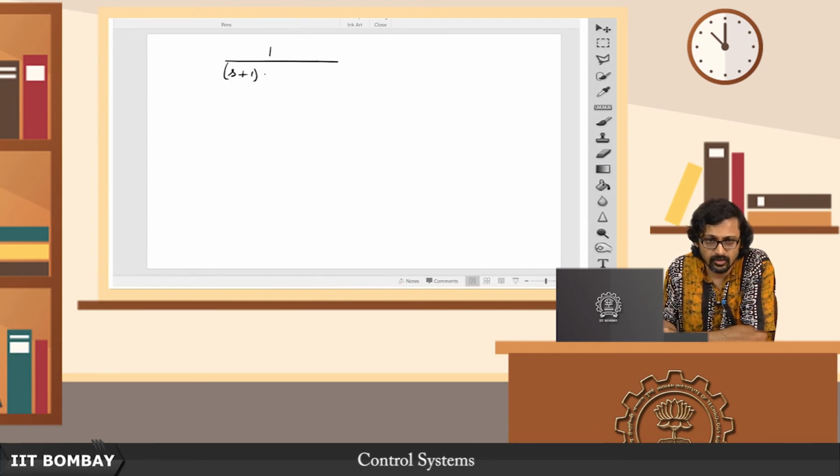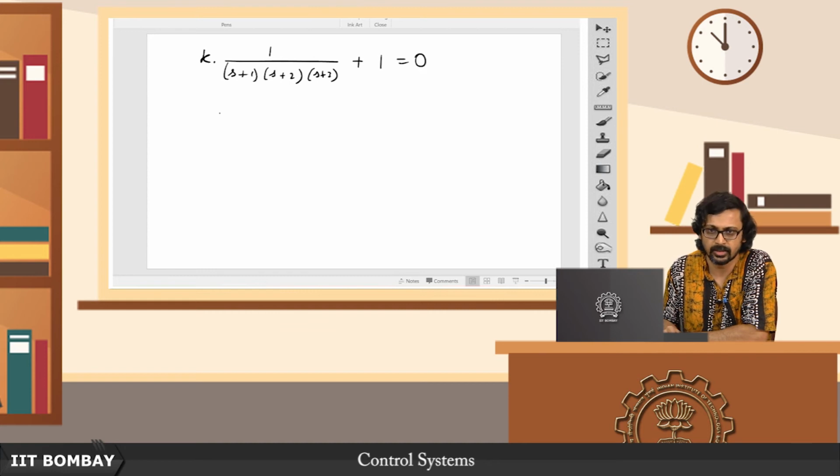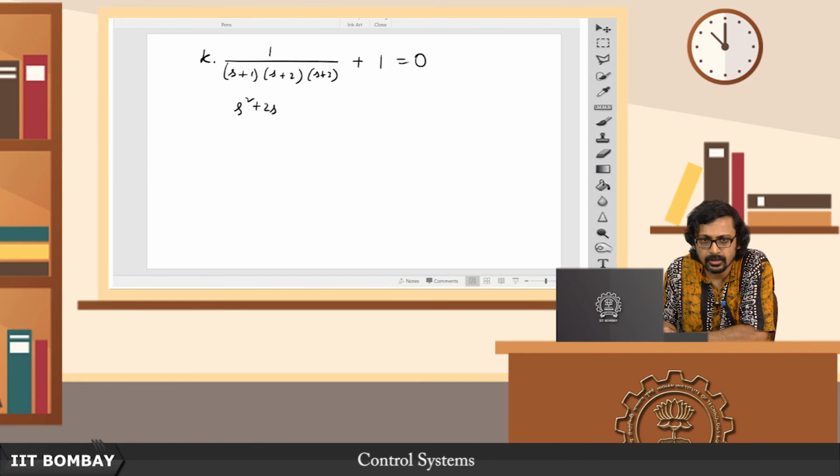So let's take this S plus 1, S plus 2 and S plus 3, and I put this block together with a K. So what I am trying to look at is 1 plus this equal to 0, the roots of this. In other words, what I am trying to evaluate is S squared plus 3S plus 2 times S plus 3 plus K is equal to 0. Let us check, S squared plus 3S plus 2.